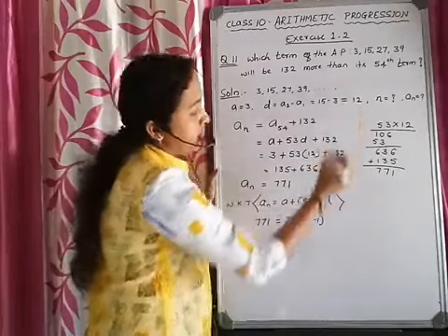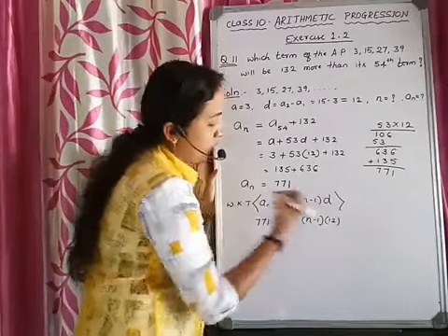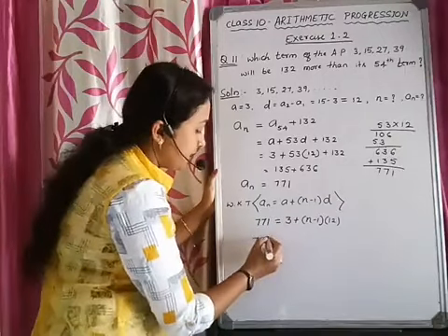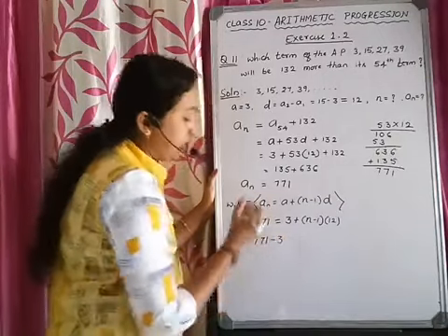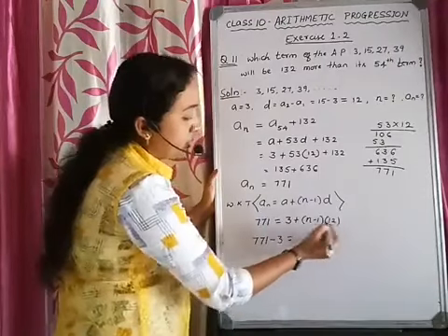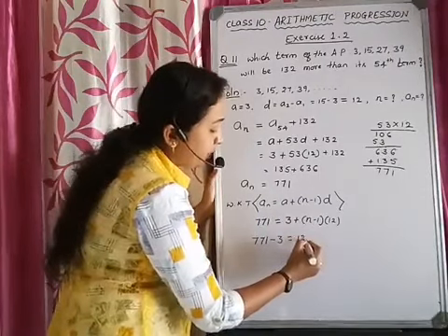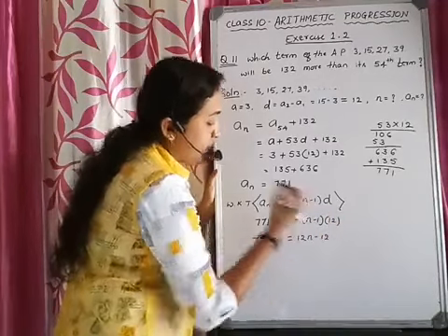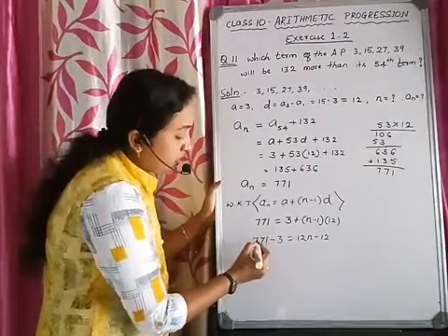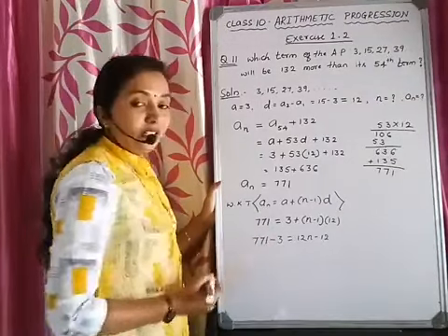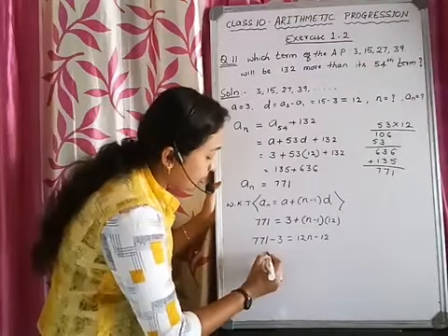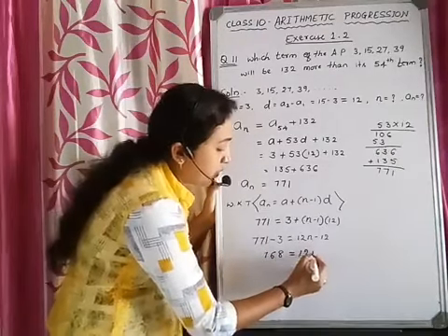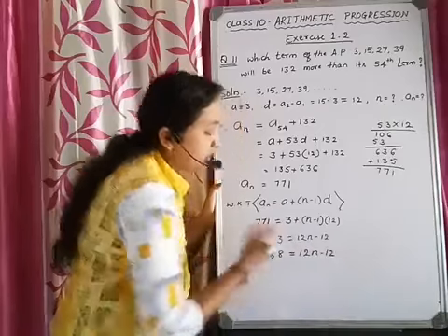We know d, that is the common difference, 12. So shift this 3 to this side and this becomes 771 minus 3 is equal to 12 into n, 12n minus 12 ones are 12. So 771 minus 3 is 768 is equal to 12n minus 12.